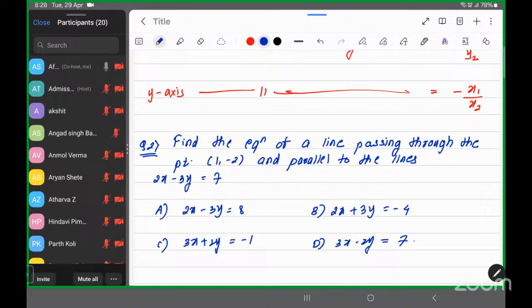Just first you do it. What is the answer? Let me know.